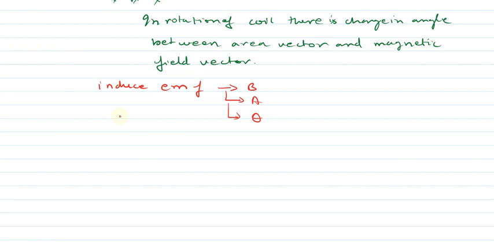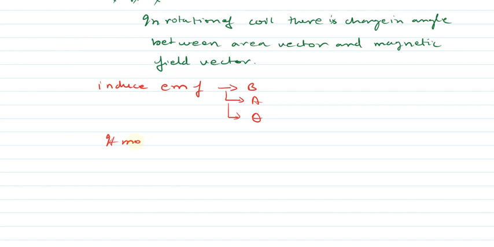Which means the induced EMF depends upon the change in magnetic field, change in area, and change in angle between area vector and magnetic field vector. So it means there is a change in flux.